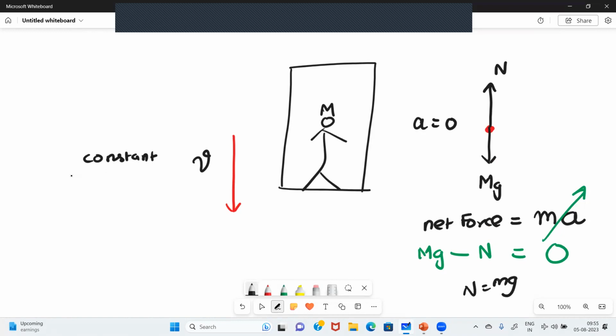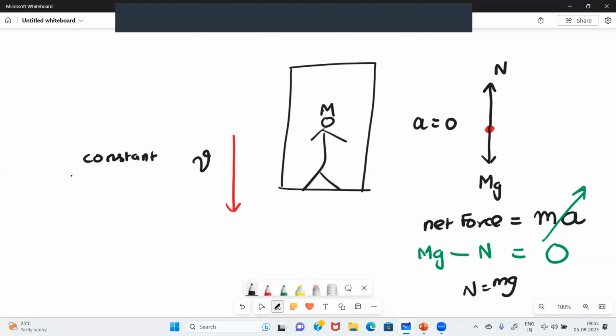Is it A? Is it G or G plus A? G plus A. What is the normal reaction going to be? M into G plus A. What is the tension in the string of anything which is hanging? M into G plus A. When a lift is moving down with an acceleration A, then what is the effective acceleration? G minus A.